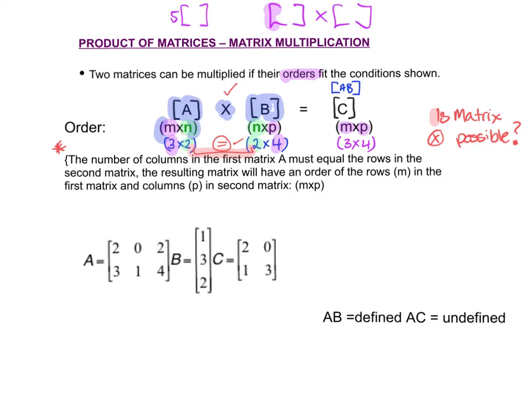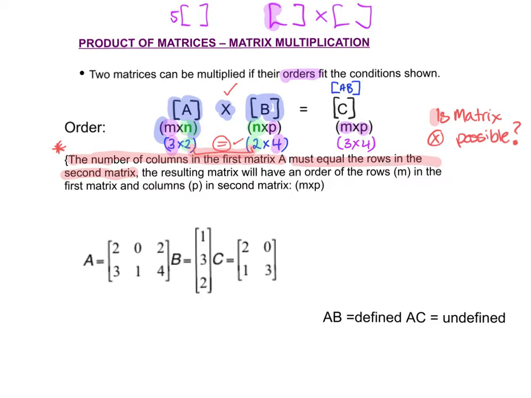So if I was to say, can I multiply A with B? I'd say, yes, I can, because the number of columns in the first matrix equals the number of rows in the second matrix. Okay, so that's the statement you have to say, those exact words, if you're asked, is it possible?